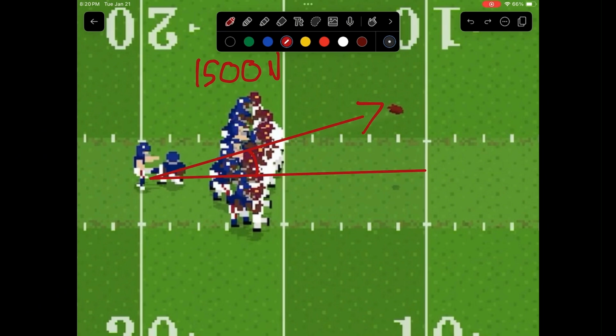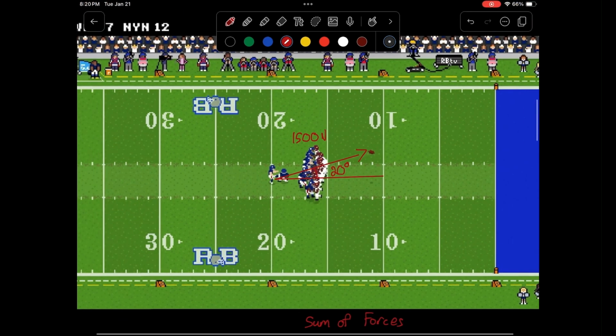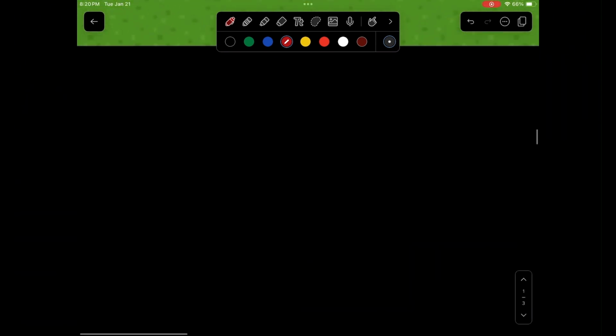Neglecting air resistance, there's still one thing we're missing, and that would be the force of gravity acting straight downward on the ball. Now we're going to do the work to calculate that.